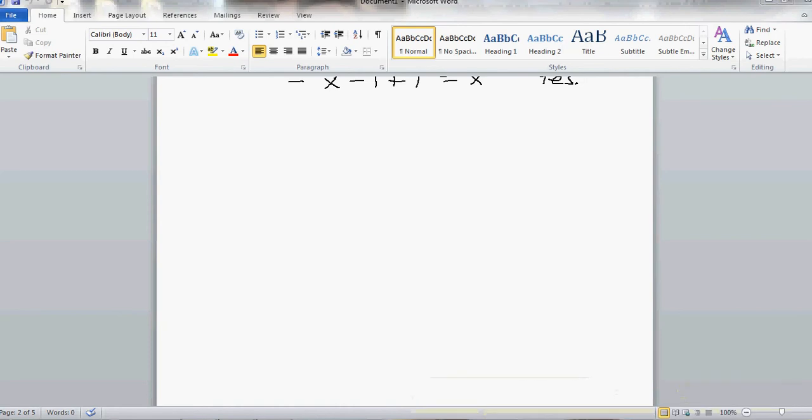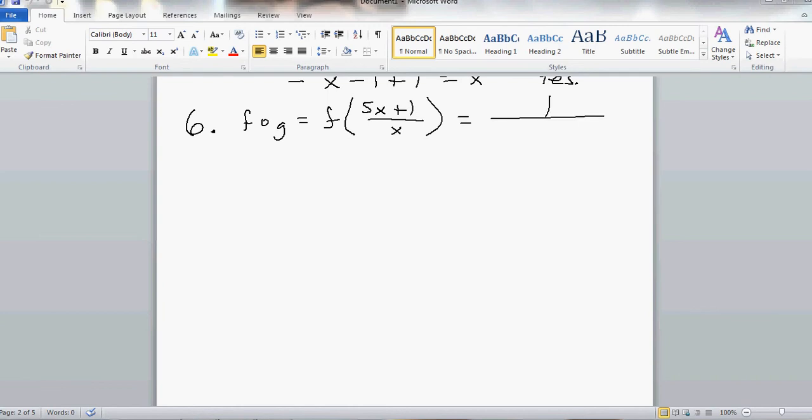Example number 6 is the exact same type of problem, and so I want to take f composed with g, which is f of 5x plus 1 over x, which will equal 1 over, I need to put 5x plus 1 over x, remembering that I'm putting these inside parentheses here, plus 5.